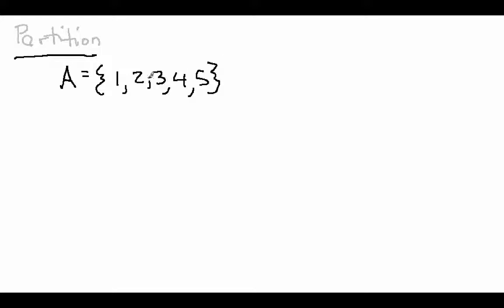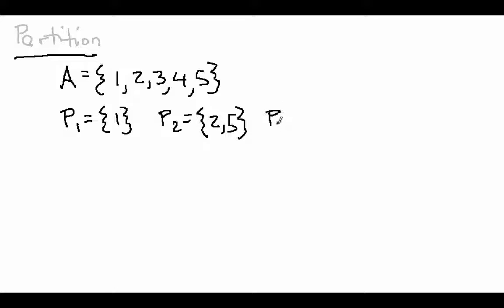And what I want to do over here is the following. I'm going to have a set P1, and I'm going to let that be 1. And have P2 equal to 2 and 5. And I want to have P3 equal to 3 and 4.